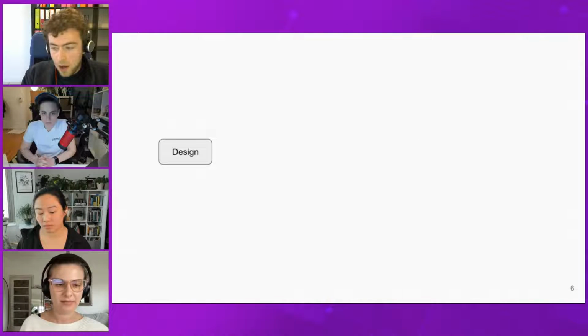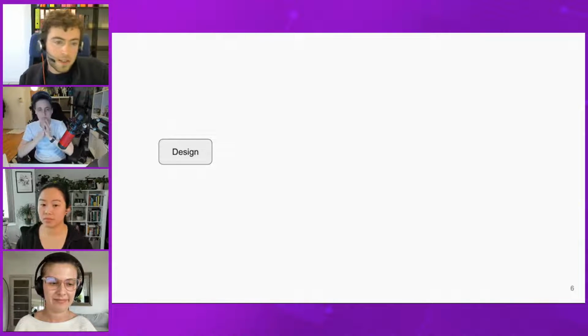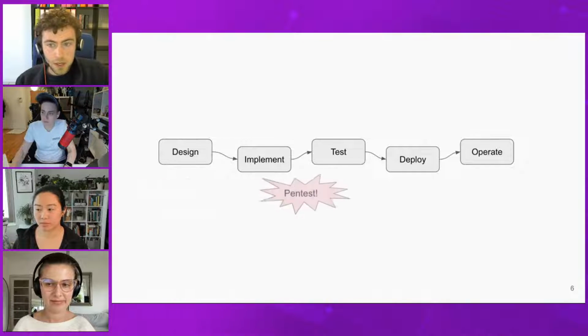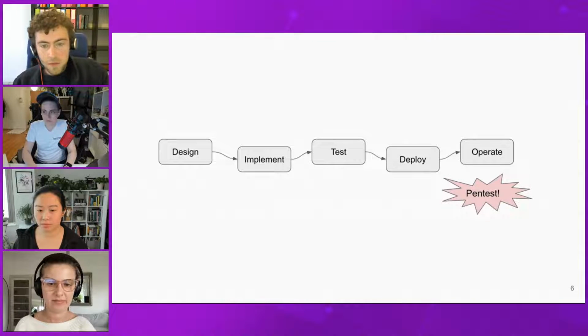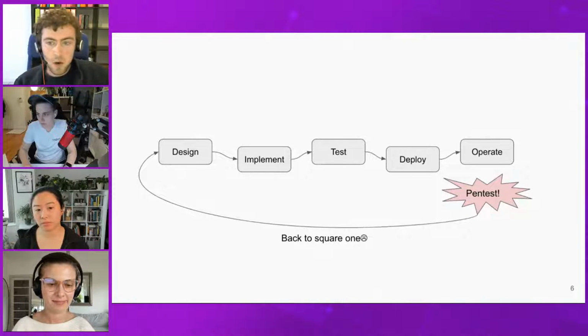So now, if we look at how we used to do security a few years ago, it looks something like this. We design our software, we implement it, we test it, we deploy it, and we operate it in production. And then at some point, we figure out, okay, let's do a pen test for this thing. Now we get some security findings, and we are back to square one because we need to design it, implement it, test it, deploy it, and operate it.